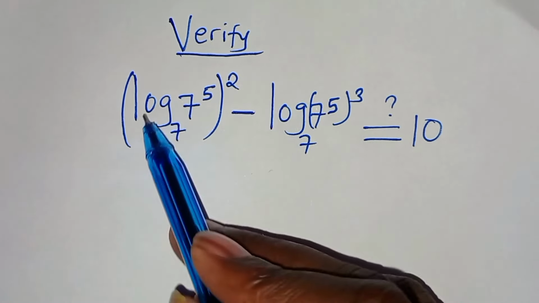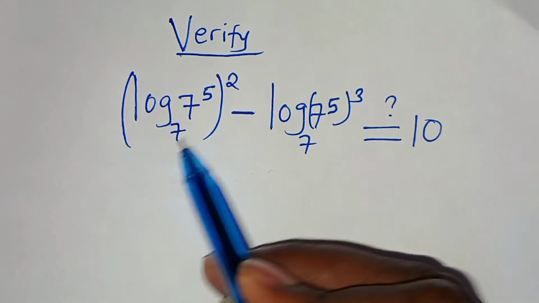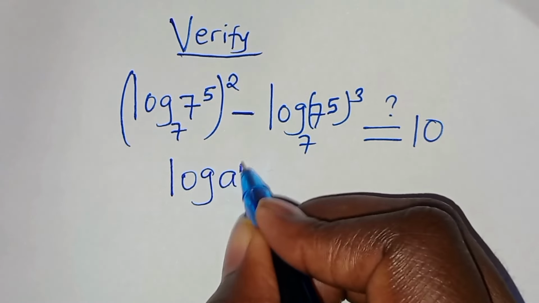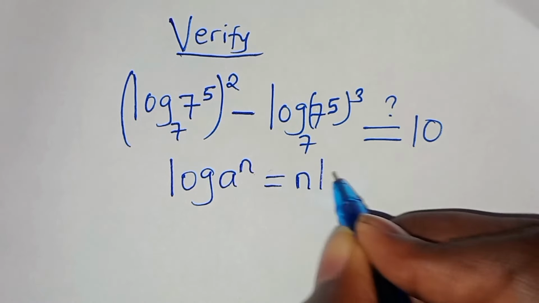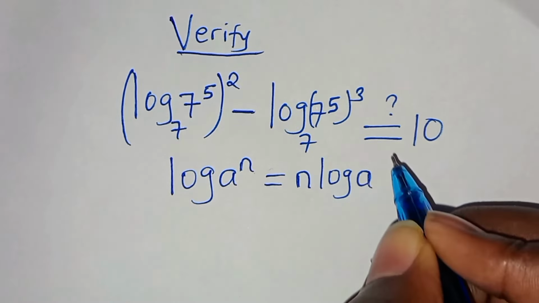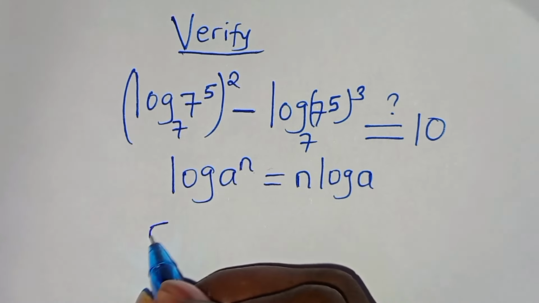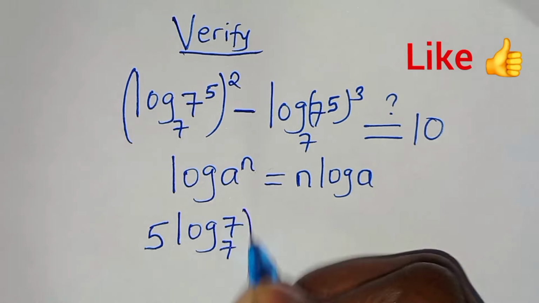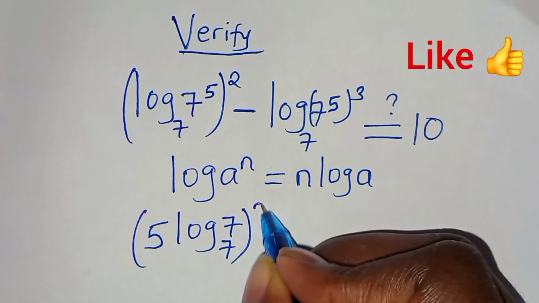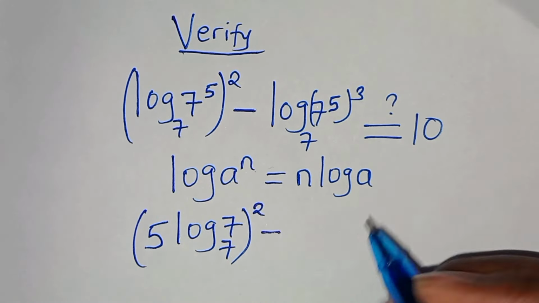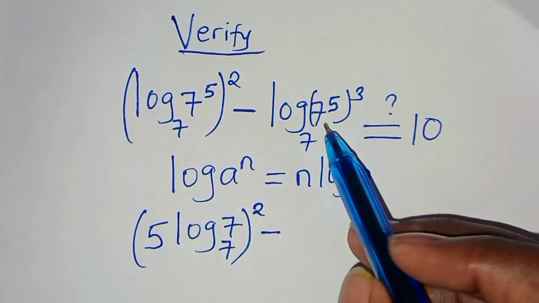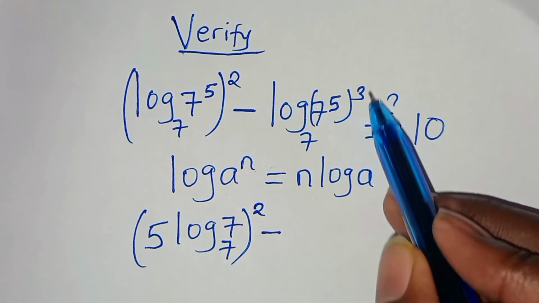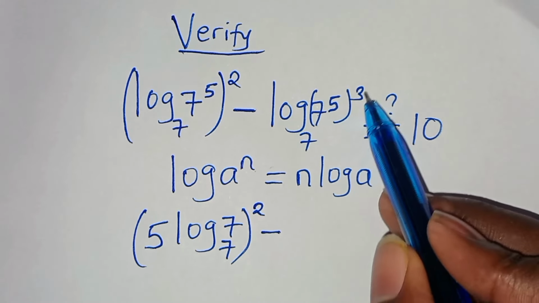Now here we have log 7 to the power of 5 to base 7. This is in the form of log a to the power of n, and this can be expressed as n log a. So this implies here we have 5 log 7 to base 7 raised to the power of 2. Then subtract. Now remember this is 7 raised to the power of 5 to the power of 3 here, so this is 5 times 3.